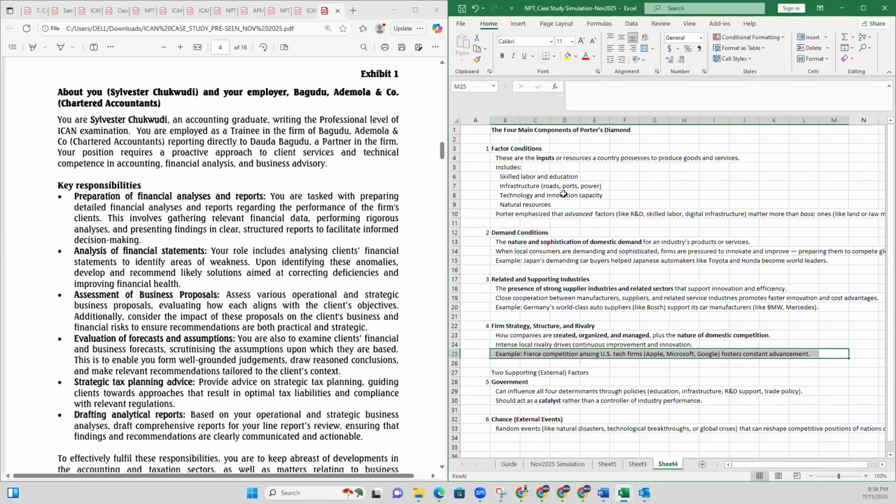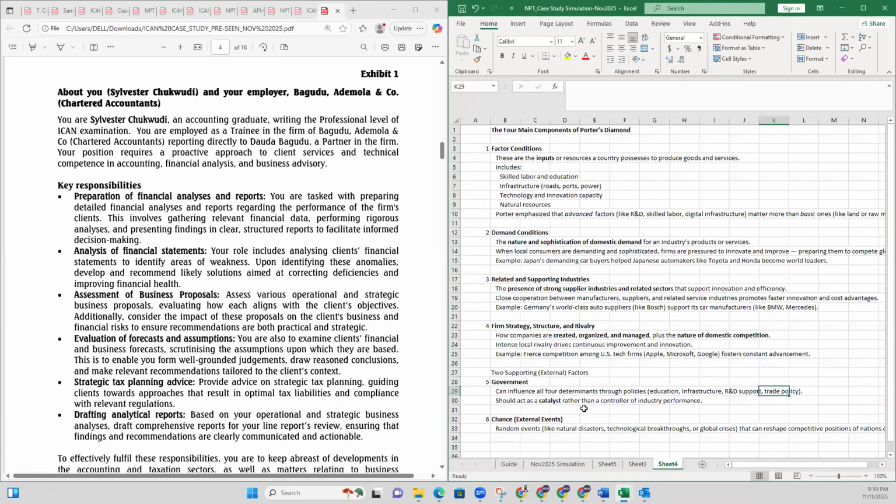And apart from these 4 major elements of Porter's Diamond, one thing that is also very key from the 2 supporting external factors is the role of government, right? Government can influence all those 4 determinant factors through its policies. You want to talk about education, infrastructure, research and development, and even imports or other trade policies.